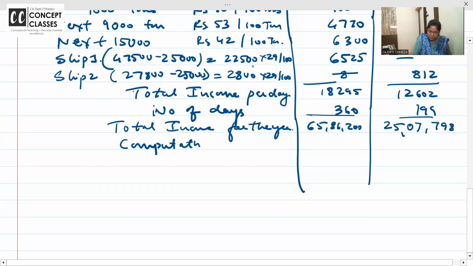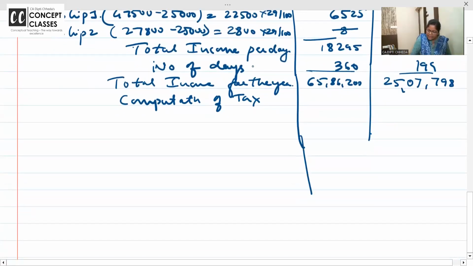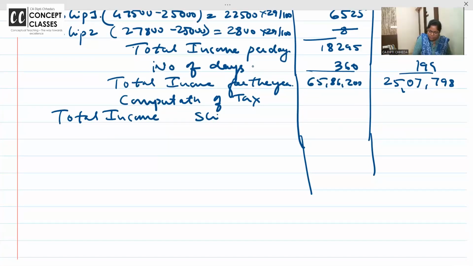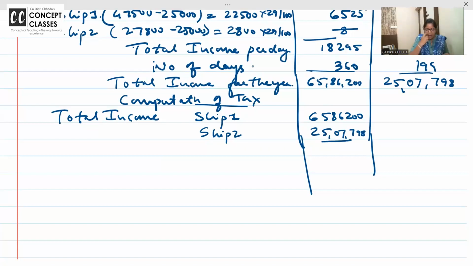Computation of tax. Let us take the total income of ship 1, 65,86,200. Ship 2, 25,07,790.